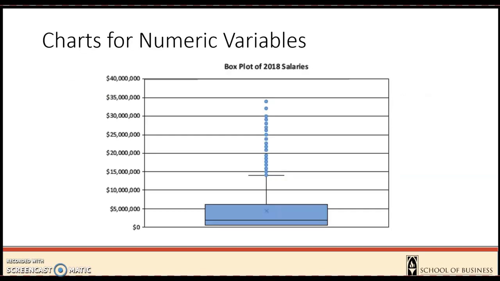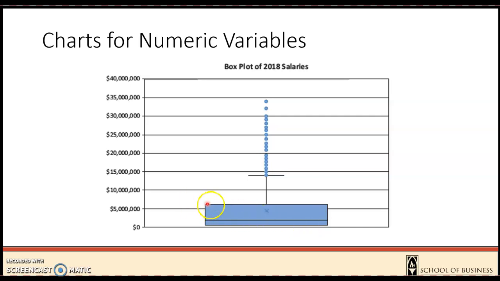So this would be a box plot of our baseball salaries that we're going to look at. You can see our salary going on here, and this is what the box plot looks like. You'll notice that this is called a whisker. We don't really have one coming up the other side because it's so tight in. Let's talk about what this represents. This bottom line is our first quartile.